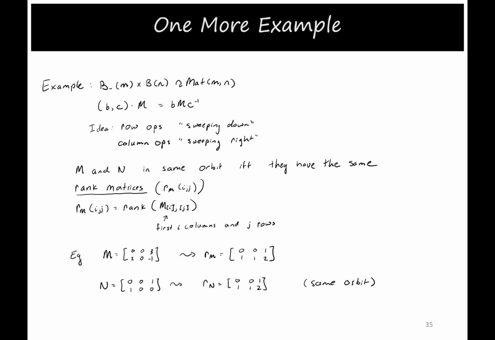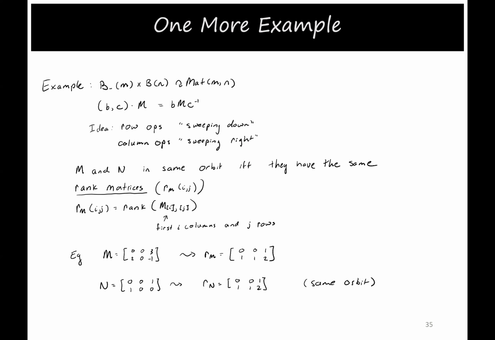So with these slightly more restrictive operations, you can see that matrices are in the same orbit if and only if they have the same rank matrix, where for each ij, we're recording the rank of the submatrix that starts at position 1,1 and has lower corner at position ij. So take the first i rows and j columns.